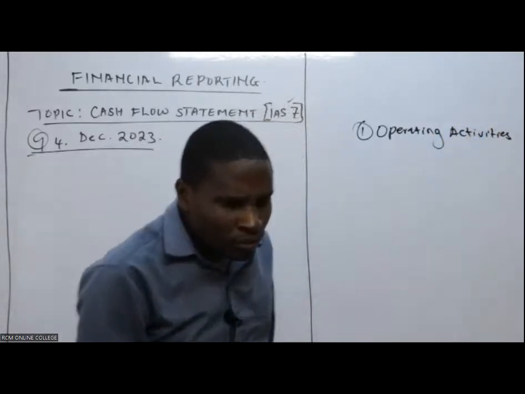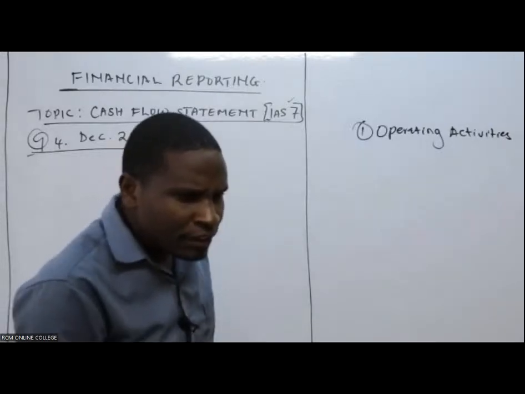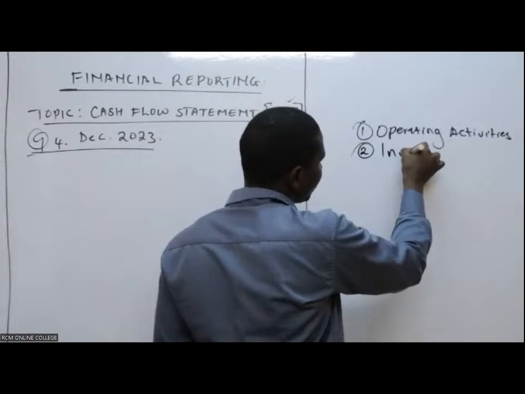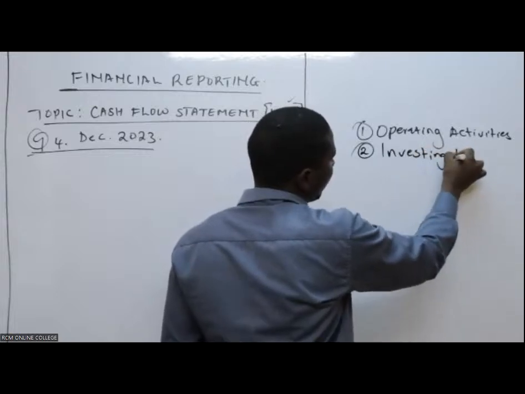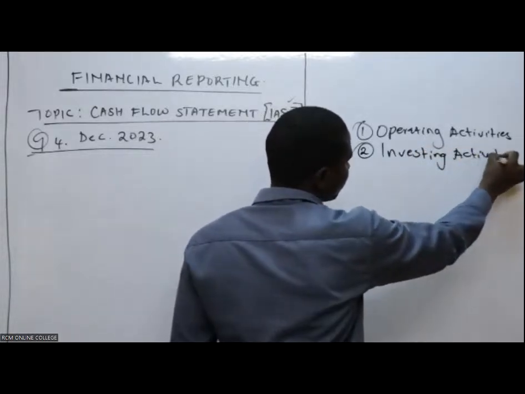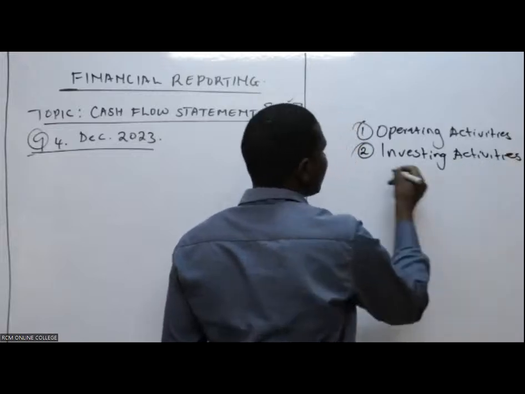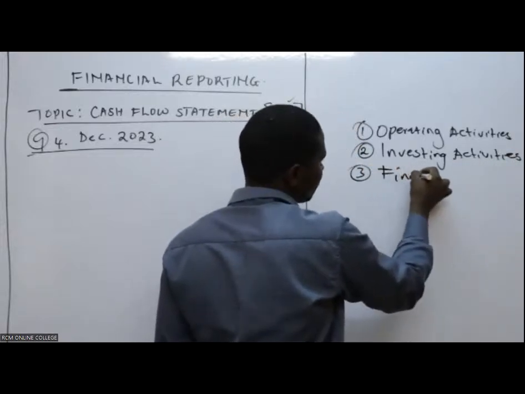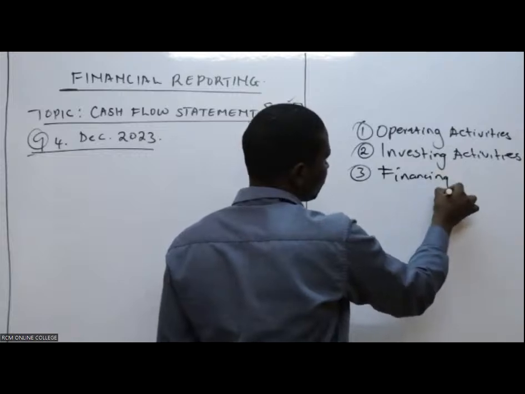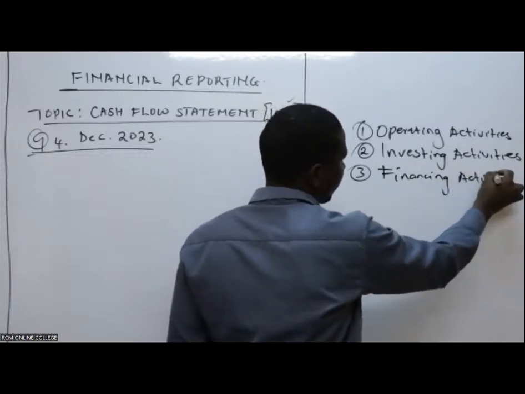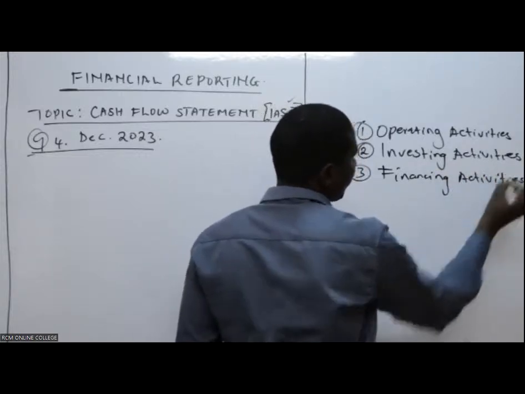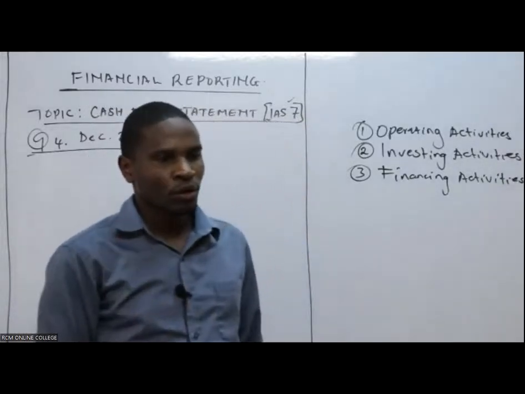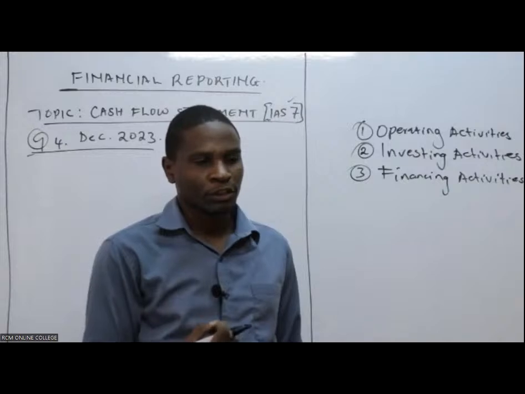Number 2, investing activity, and the third one is financing activity. Operating activity deals with day-to-day operations.